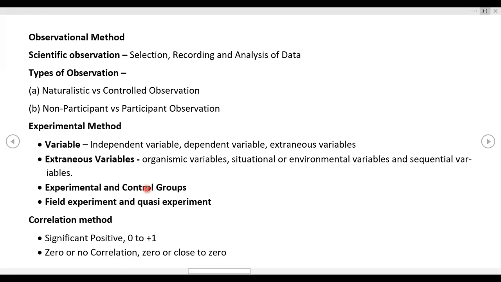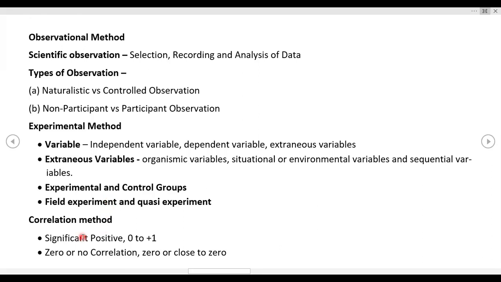In the naturalistic, as a procedure, application of one technique. Field experiments are geographical, where the situations are not feasible in the laboratory, so you can go for field experiments. Quasi experiments are special conditions. Next to the experimental method is the correlation method.